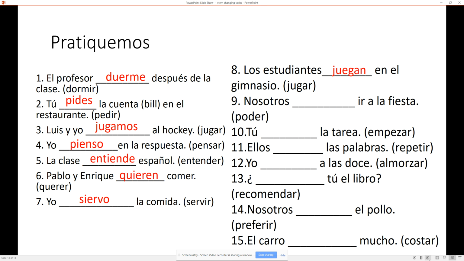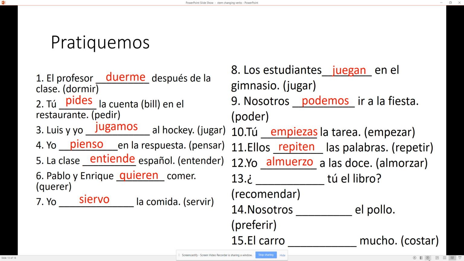All right, los estudiantes juegan en el gimnasio, so they play in the gymnasium. Nosotros podemos ir a la fiesta, so we can go to the party. Tú empiezas la tarea, you begin the homework. Ellos repiten las palabras, so they repeat the words.